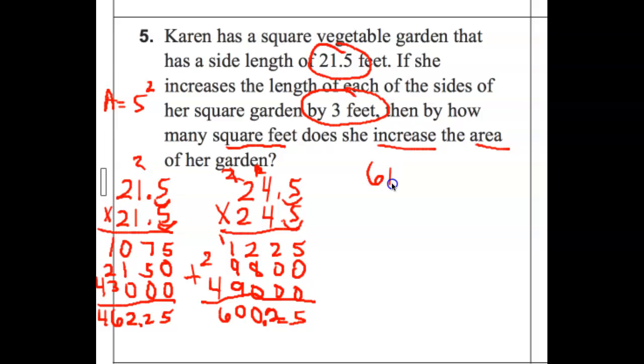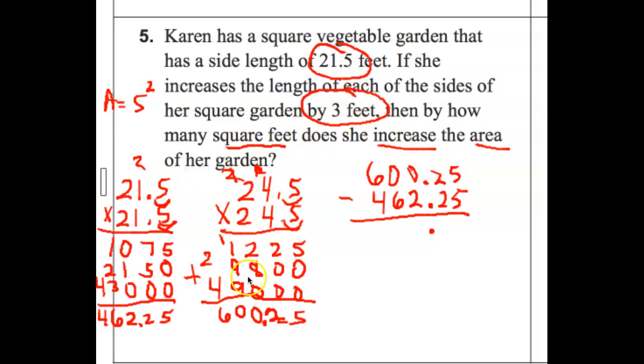We're going to take the new larger area of the garden and subtract the old area of the garden. We're going to find the difference and the change in the size of the garden. And the important thing to remember is you always want to line up the decimals when you are subtracting and when you are adding.